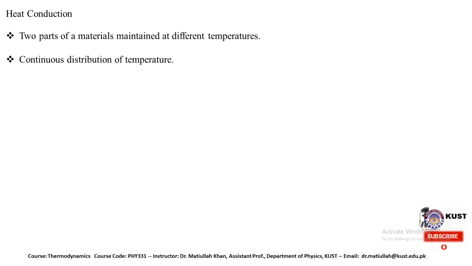So there will definitely be a continuous temperature distribution throughout this particular metal, the sample on which we are going to examine the heat conduction process. One end of this metal is kept at higher temperature with the help of a flame or some electric means, so that we can increase its temperature, and the other end of the same material is placed at low temperature with the help of some cooling agents.